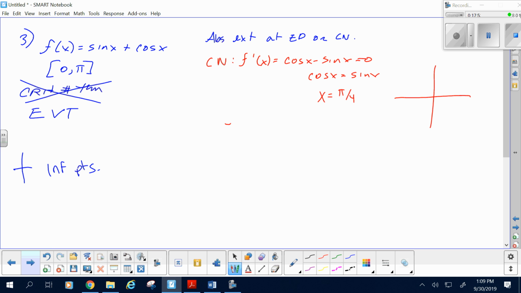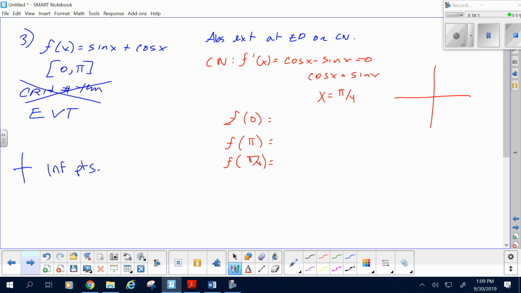Then, do I do a sign test to show the derivative is going negative to positive, or is it more of a find f at the candidates and compare? Yeah, it's more of a find f at the candidates and compare their values to see which is the greatest and least. The only place the absolute max and min can come from are these 3 candidates, so I just have to let them fight it out.